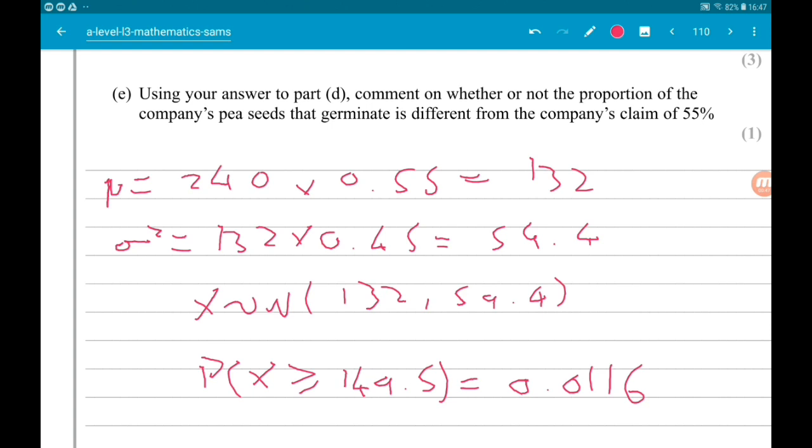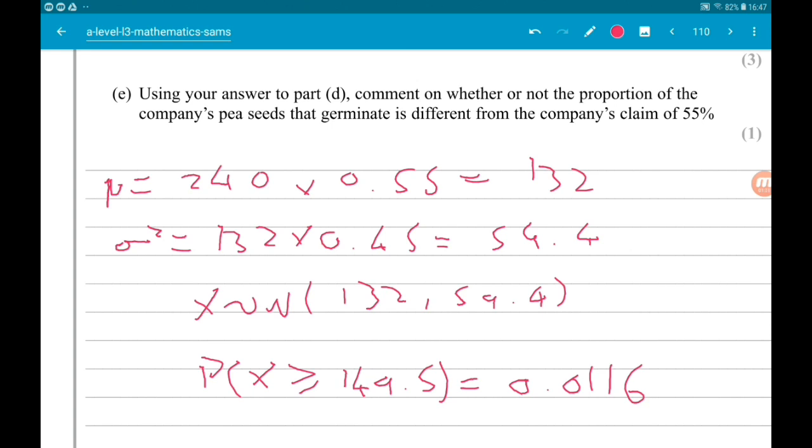So because that probability is very, very small, the company's claim is probably incorrect. For their claim to be correct, we would have wanted the probability to be a lot higher. So, from our answer, we would say it's very unlikely that the company's claim is correct.